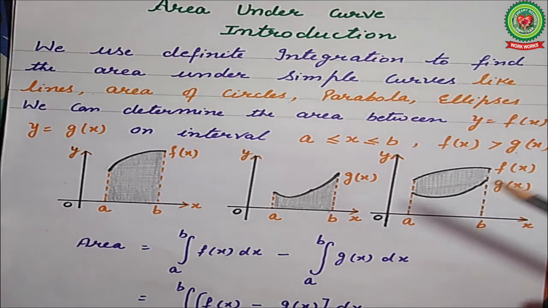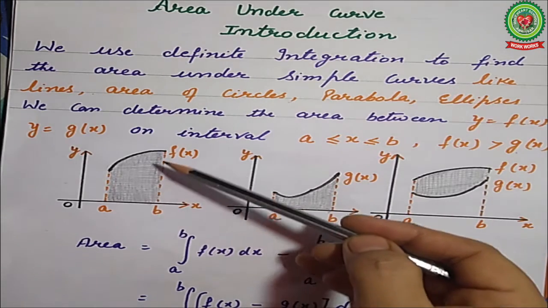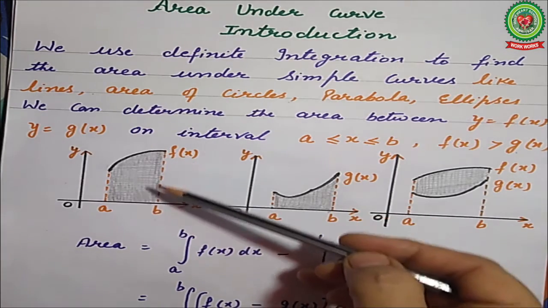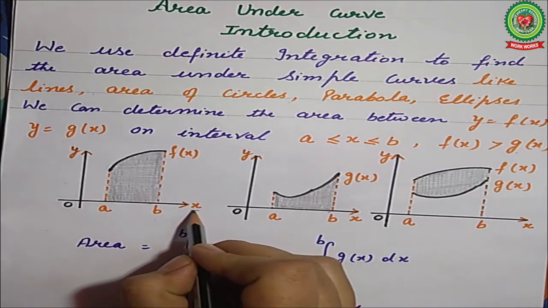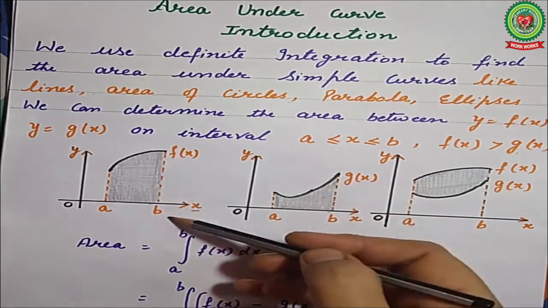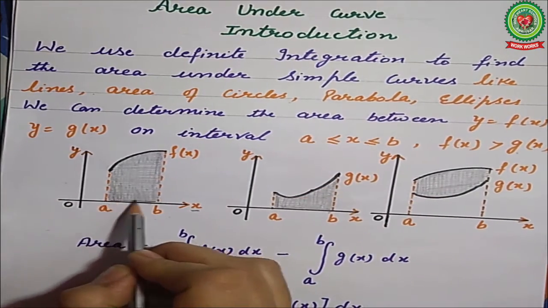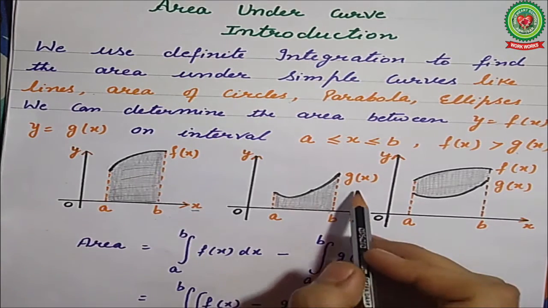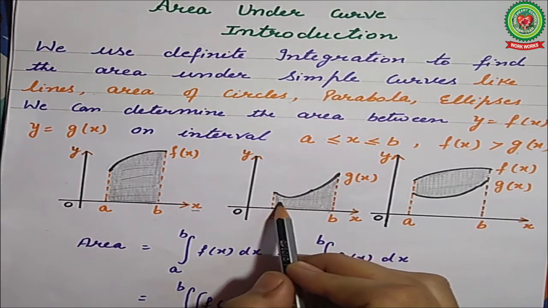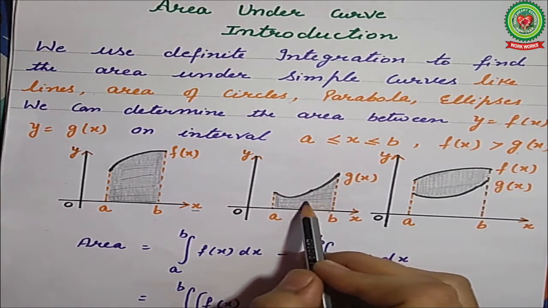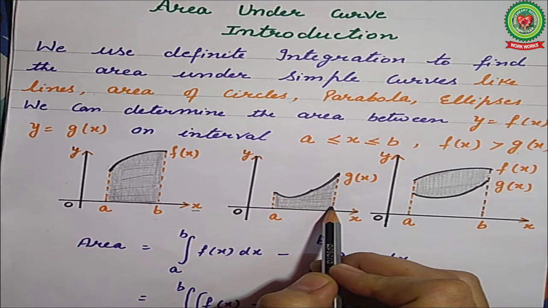So, these two curves possess an area with the x-axis. We will shade that area. For f(x), this area is enclosed, and for g(x), the curve encloses this area. Now, what will we do to find the combined area of these curves?